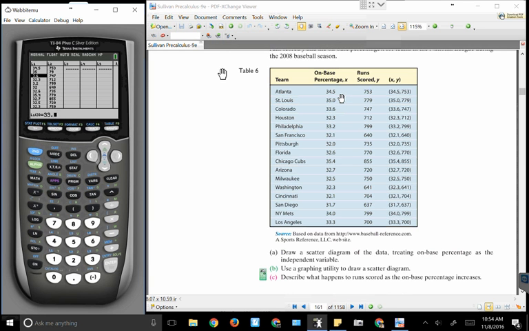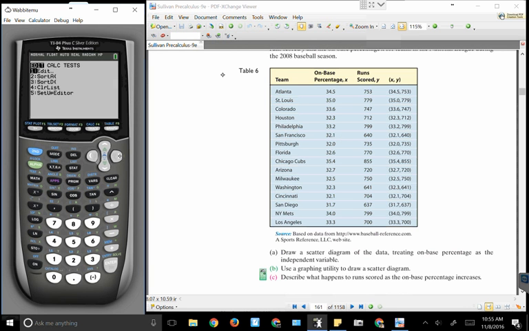Here's supposed to be 3.6. Okay, so now I've got everything matching up.